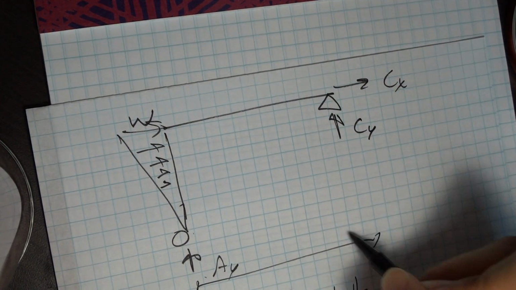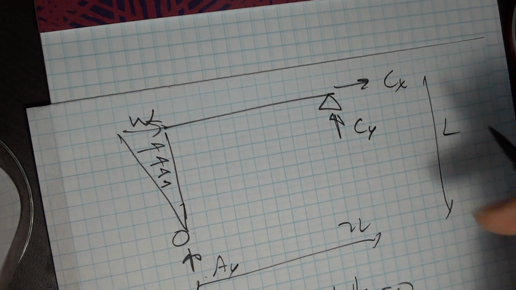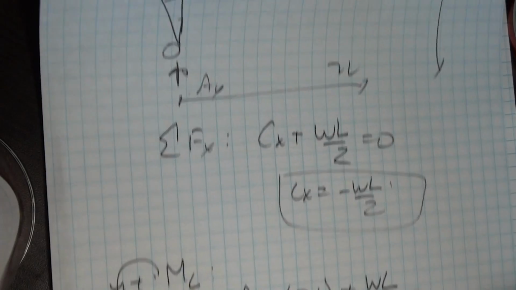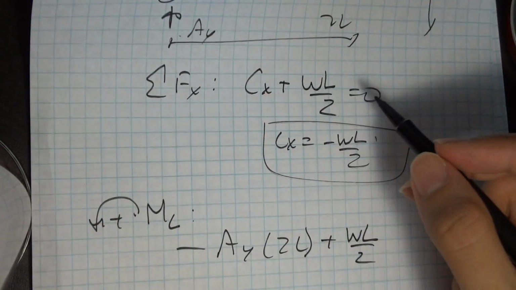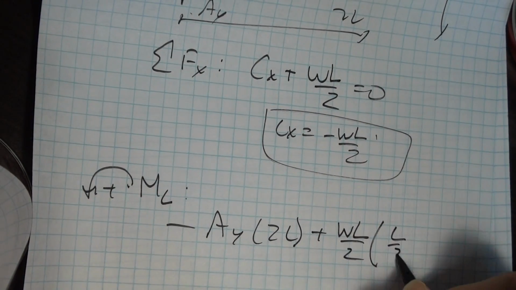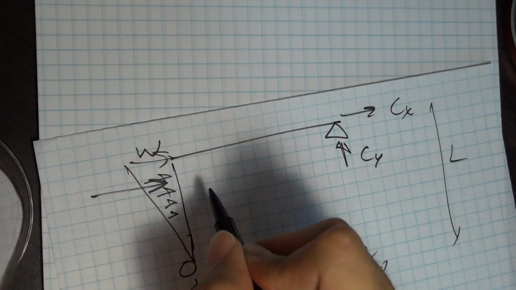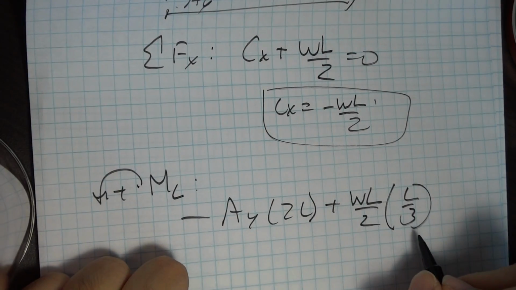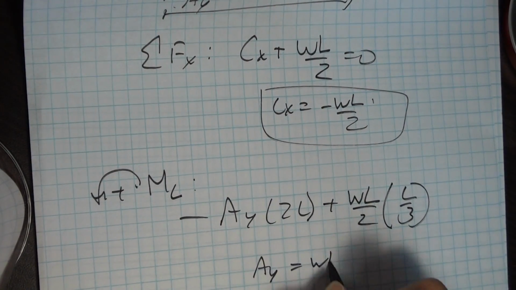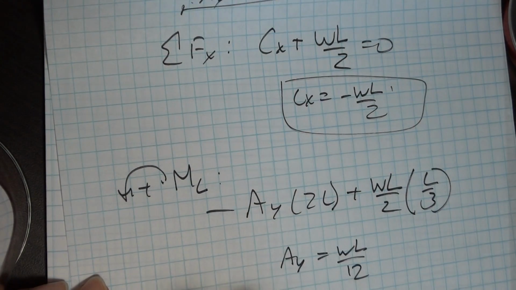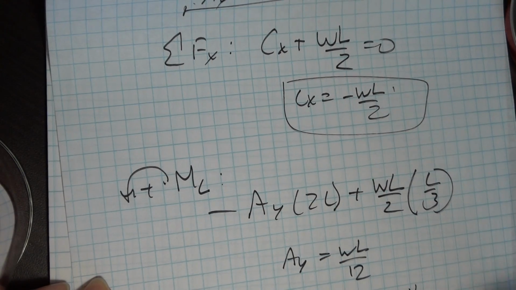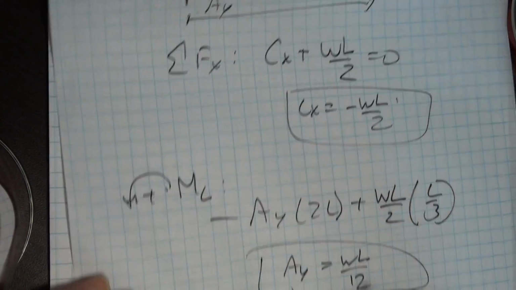Sorry, this is 2L, this is L. This is the total force due to the distributed load, as we had before, and we multiply this by the distance, which is L on 3. We do that, and we get Ay equals WL on 12. And from sum of forces in the y direction, we know that Cy is then negative WL on 12. So those are our reactions.